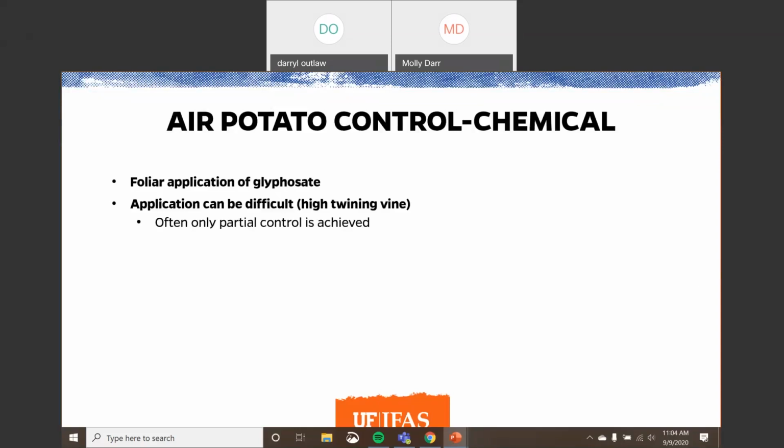So often, partial control is achieved during foliar applications. All right, next. Unfortunately, a foliar application doesn't kill the bulbils that are already present, and of course, those bulbils are going to reproduce more vines, and so you're kind of spinning your wheels at that point.